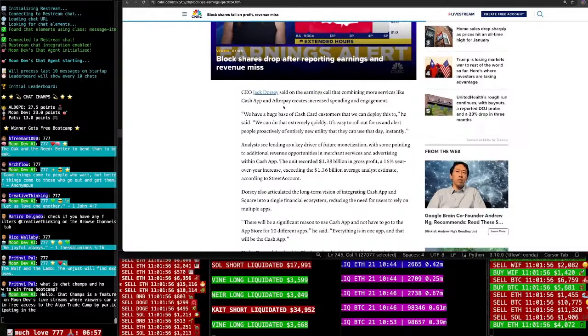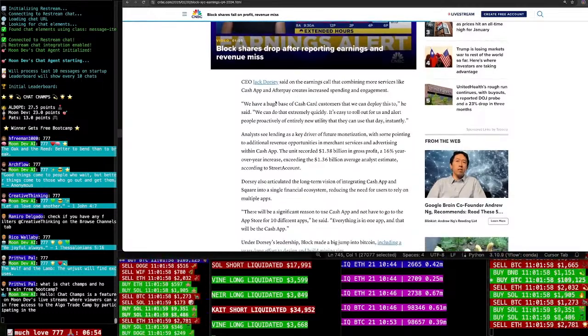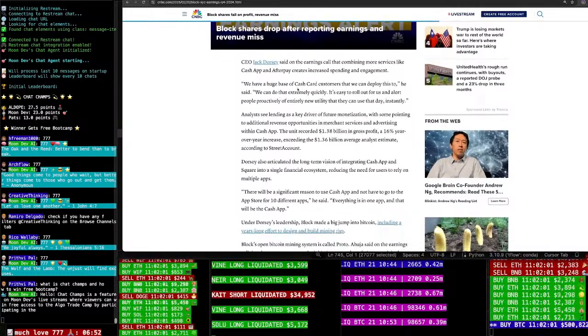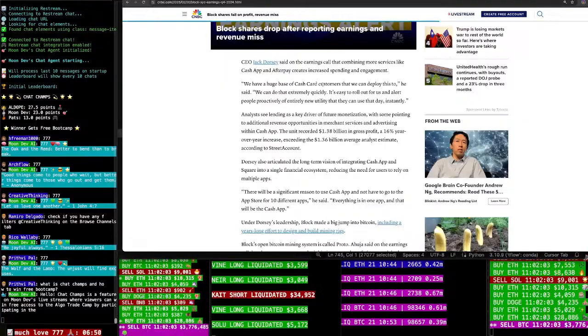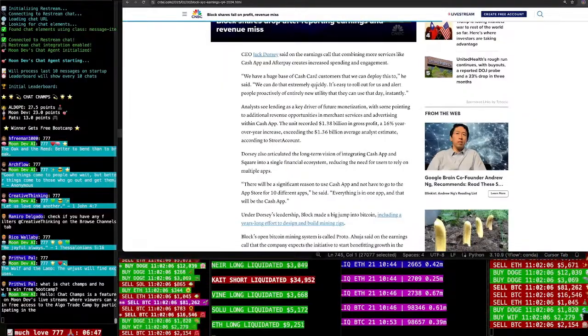CEO Jack Dorsey said on the earnings call that by combining more services like Cash App and Afterpay, we have a huge base of Cash Card customers that we can deploy this to, he said.